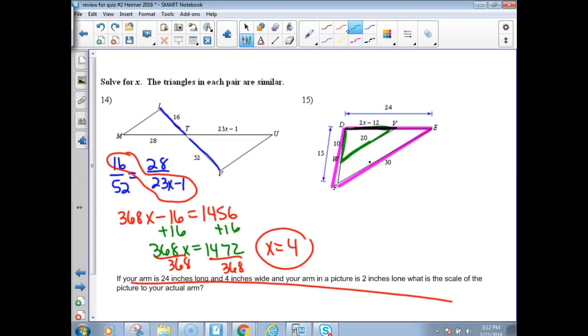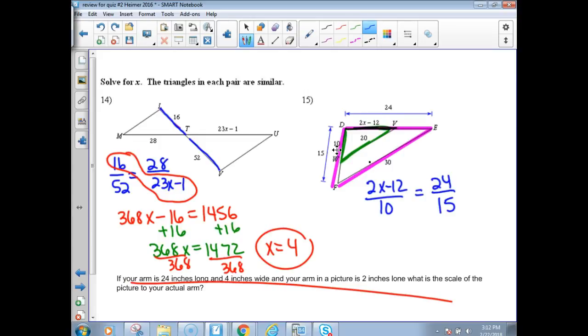Okay, someone want to give me a way that they decided to solve the problem? And where's my x? Oh, there it is. 2x minus 12. All right, Cadence. Sure could.